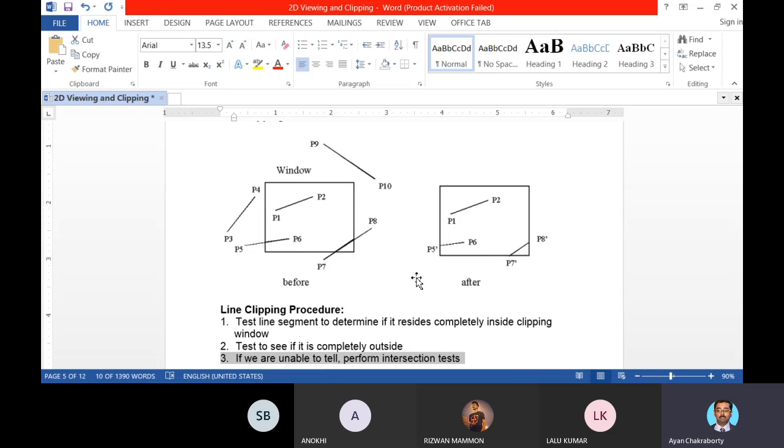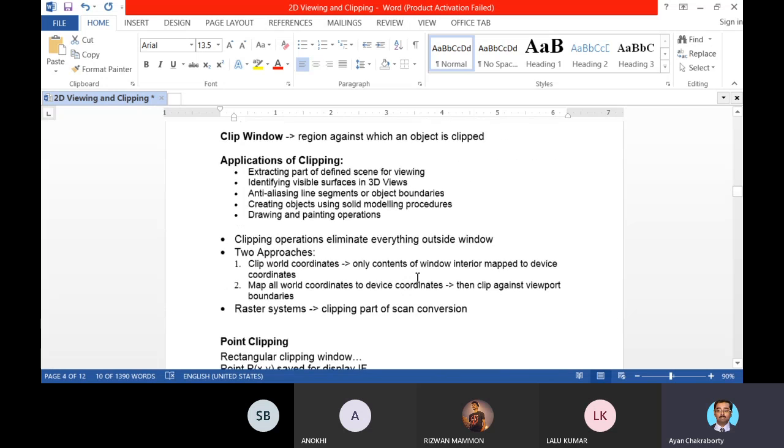So this is the basic line clipping algorithm based on inside outside testing and intersection test. Any query up to this, you can tell me.